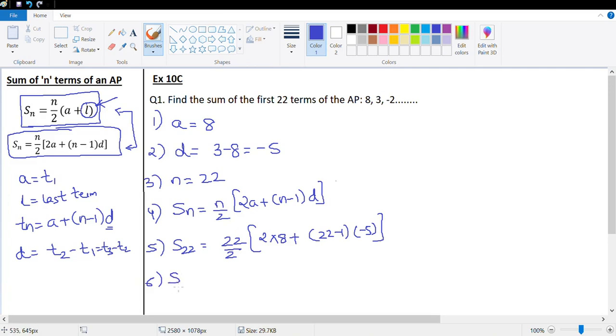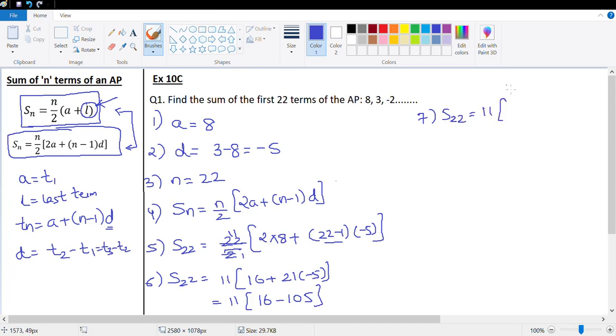So the sum of 22 terms is equal to 11 times 2 into 8, 16, plus 22 minus 1, 21 times negative 5, which is 11 times 16 and 21 times 5, that's 105. So this is minus 105, which means the sum of 22 terms is equal to 11 times 16 minus 105, that's negative 89.